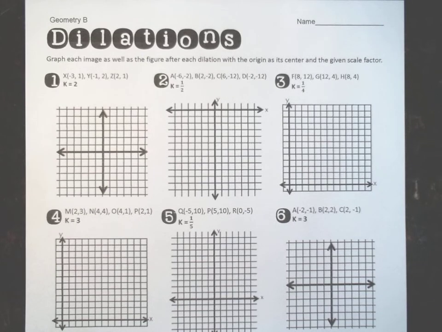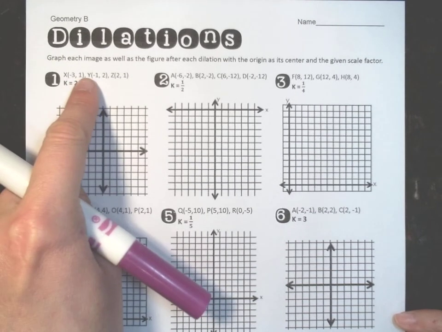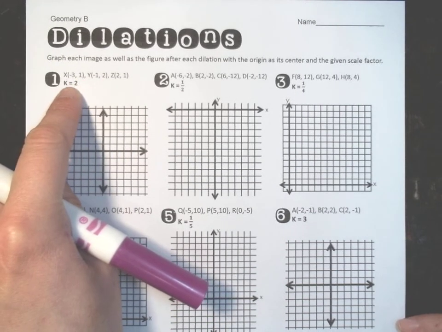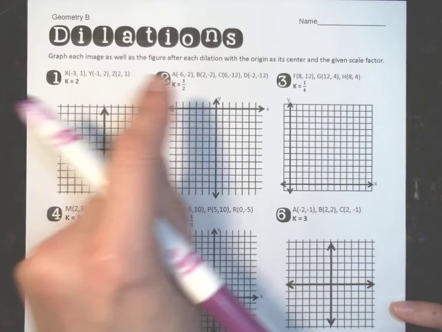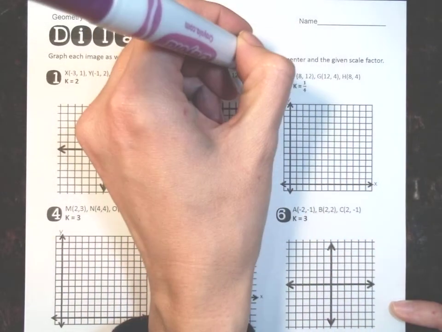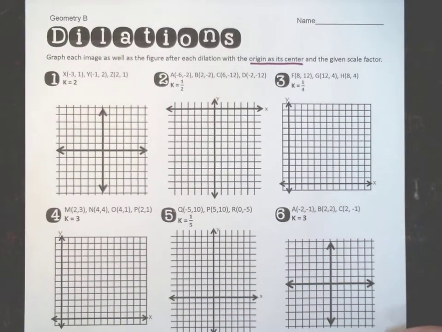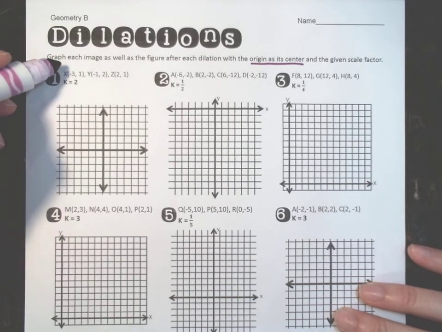So you're going to graph the first image, and then you are going to dilate it following the directions given. And for all of these, the origin is at its center, at (0, 0). So first, we're going to want to plot the points that they gave us.